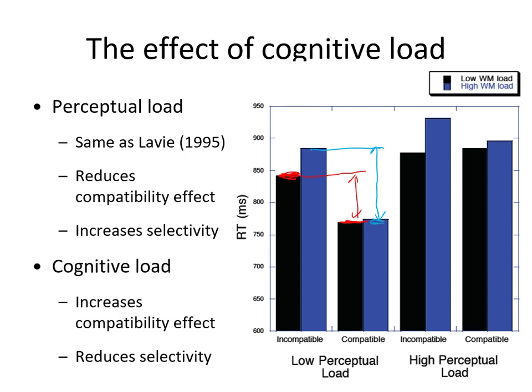Now, on the other hand, for the high perceptual condition, for low working memory load, you basically do not have much effect. And then for the high working memory load condition, you still have some effect.